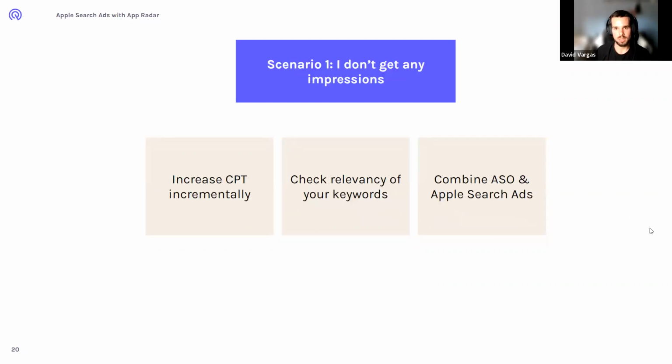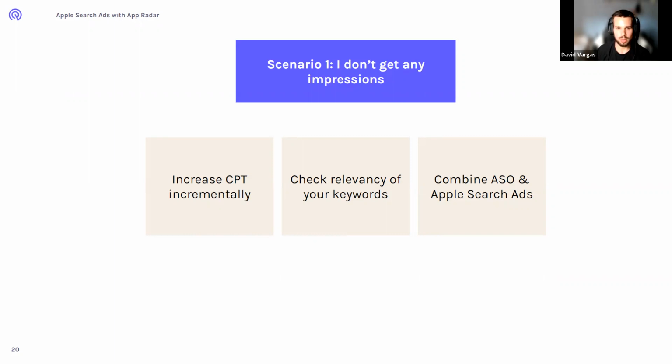What happens if I don't get any impressions for the keywords that I set up in my campaigns? Obviously, here we play with three variables. I would say that the first one is to check if the keywords are actually relevant for your ads, because if they're not, then the algorithm is not going to push your app before an app that is actually related.